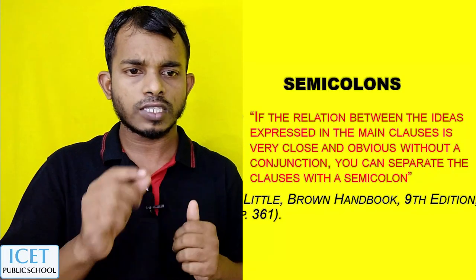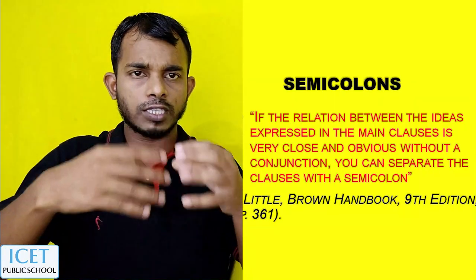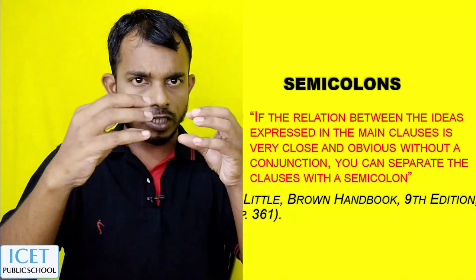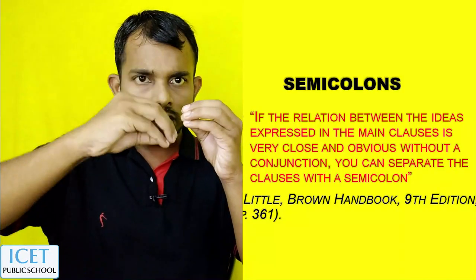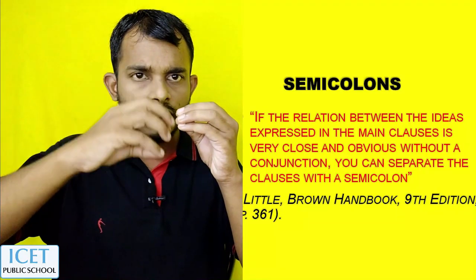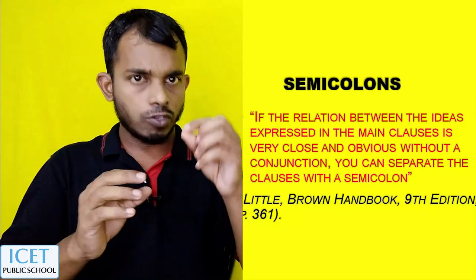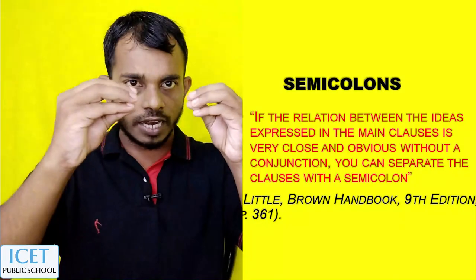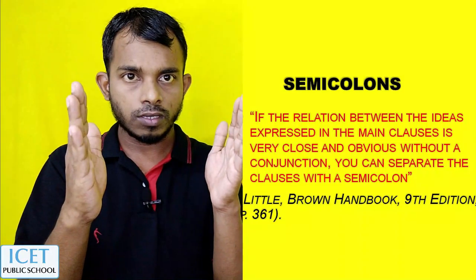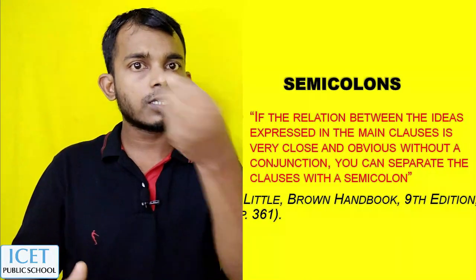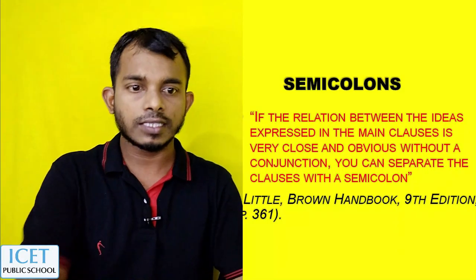What I said: if the relation between the ideas expressed in the two clauses, clause 1 and clause 2, both independent, is clear, then without a coordinating conjunction or conjunctive adverb, only with the semicolon the ideas can be connected. If the ideas are very clear and obvious, only a semicolon is required, or a comma only. Example, look at here.